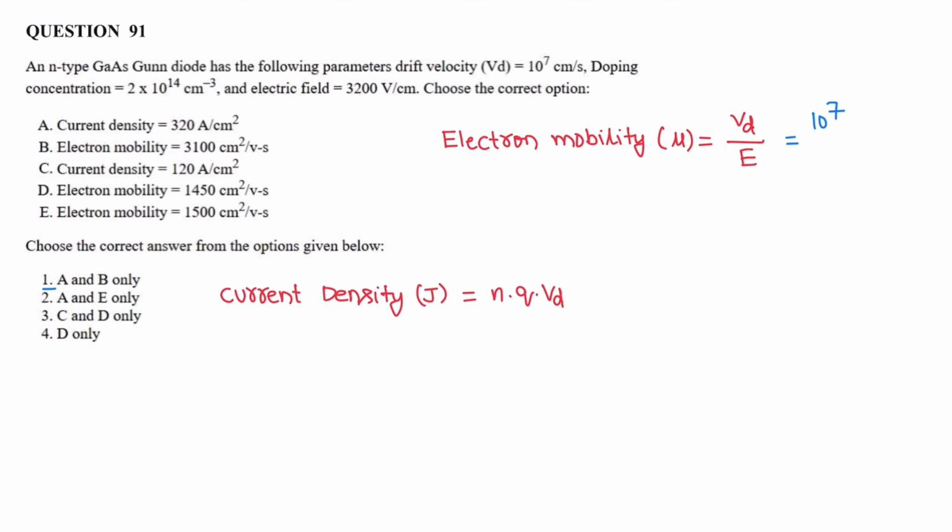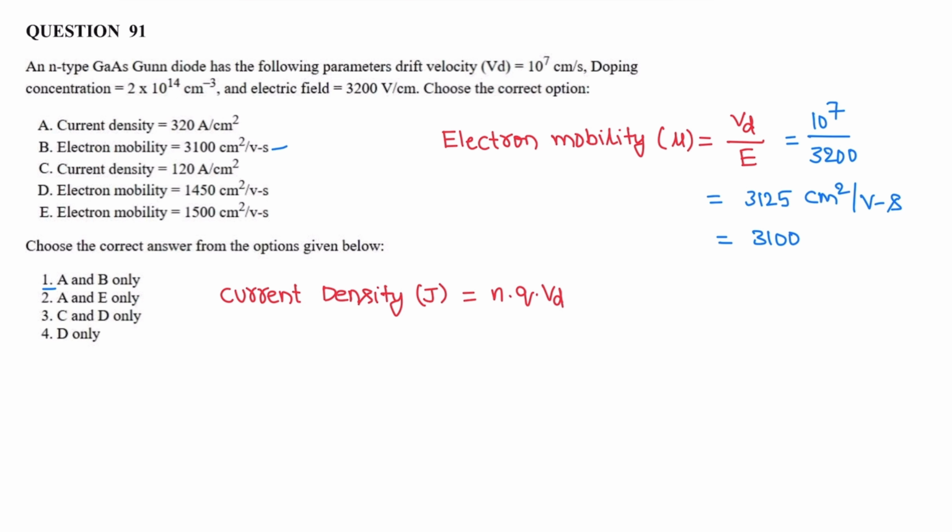Now electron mobility mu is equal to drift velocity by electric field, 10 power 7 by 3200 volt per centimeter. The mobility value is 3125 centimeter square divided by volt second. So approximate answer is 3100. Option B is correct.